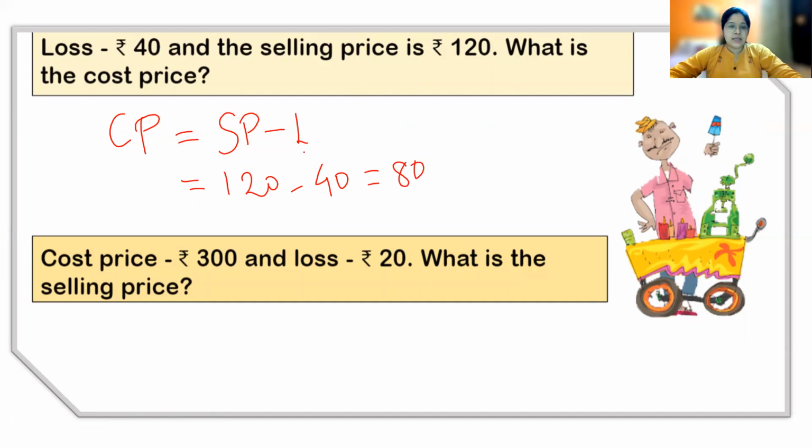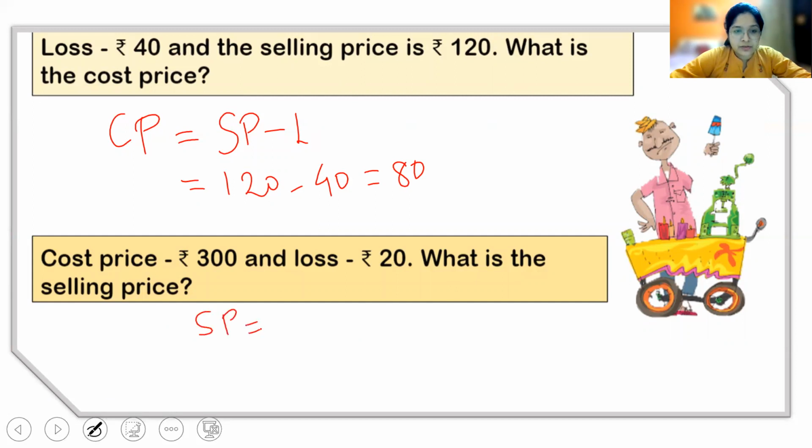And here again you need to do it for selling price. I will just write the formula. So selling price is equal to cost price. Actually, I would want the viewers to do this.